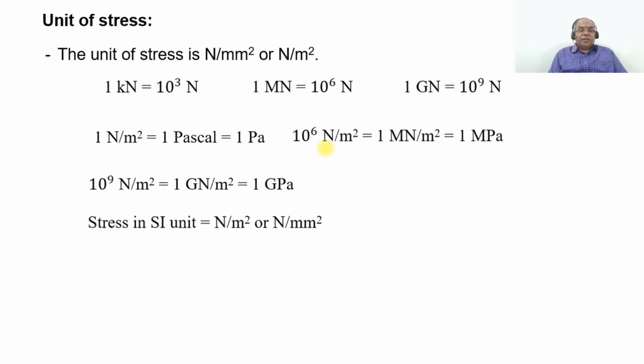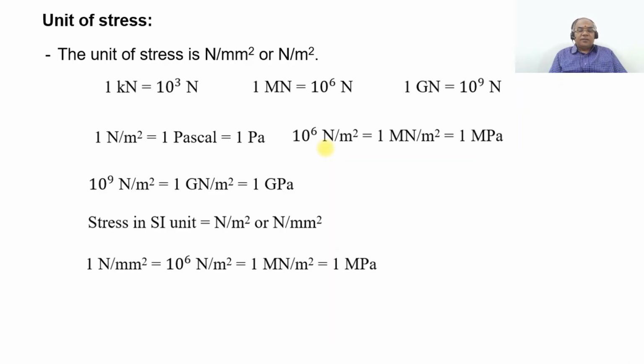Stress in SI units can be Newton per meter square or Newton per mm square. Then 1 Newton per mm square is nothing but 10 to the power of 6 Newton per meter square, because 1 mm square can be converted into meter square by multiplying with 10 to the power of minus 3, the whole square.